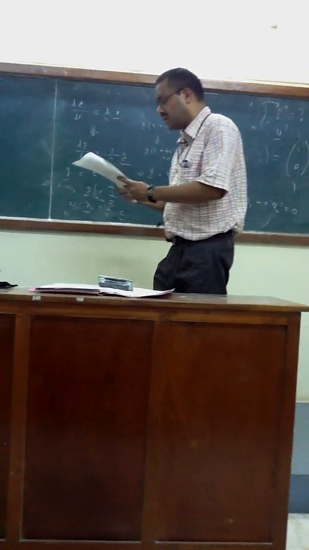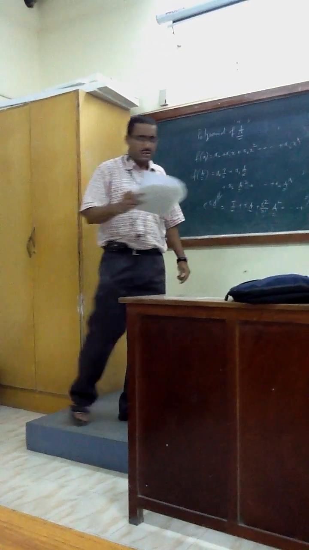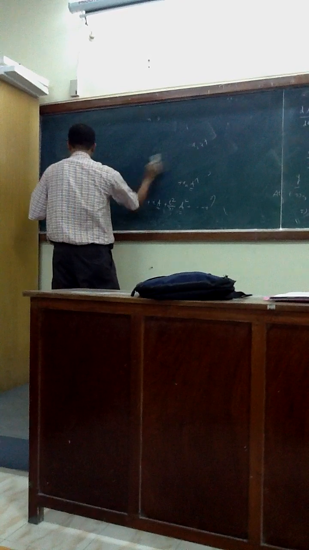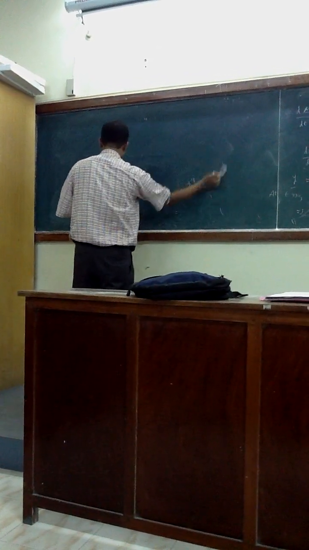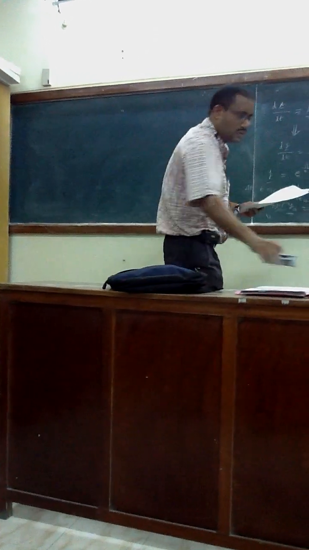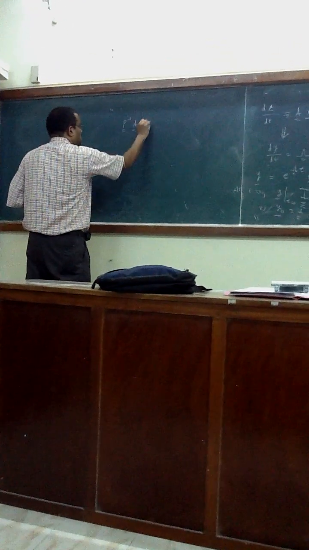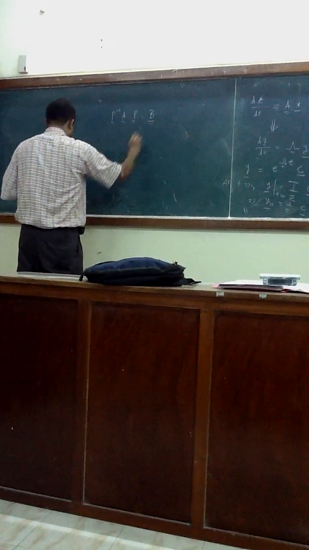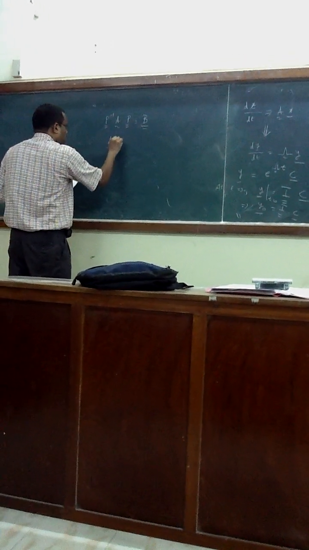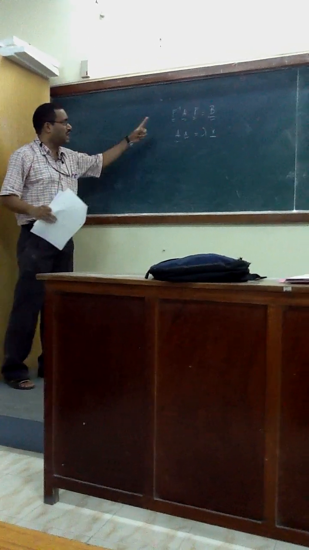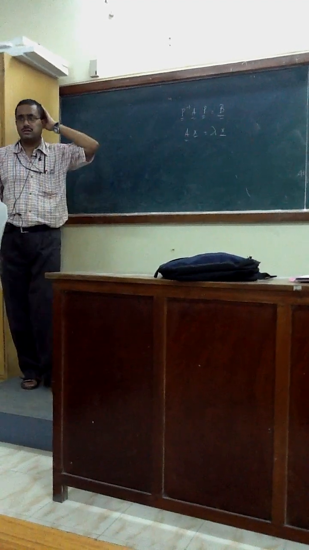Now, the P inverse AP. There are a lot of proofs actually there. If I have P inverse AP equals B, and if Ax equals lambda x, how do we prove that B has the same eigenvalue but different eigenvectors?